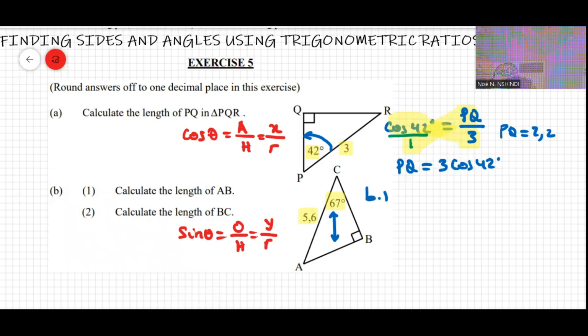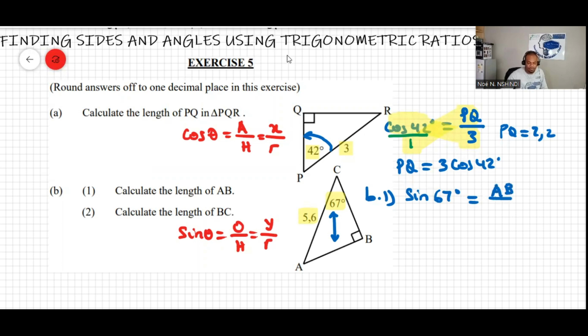B1, we're looking for AB. I will say sine of 67 degrees will be equal to the opposite side here, AB, over the hypotenuse, which is given as 5.6.